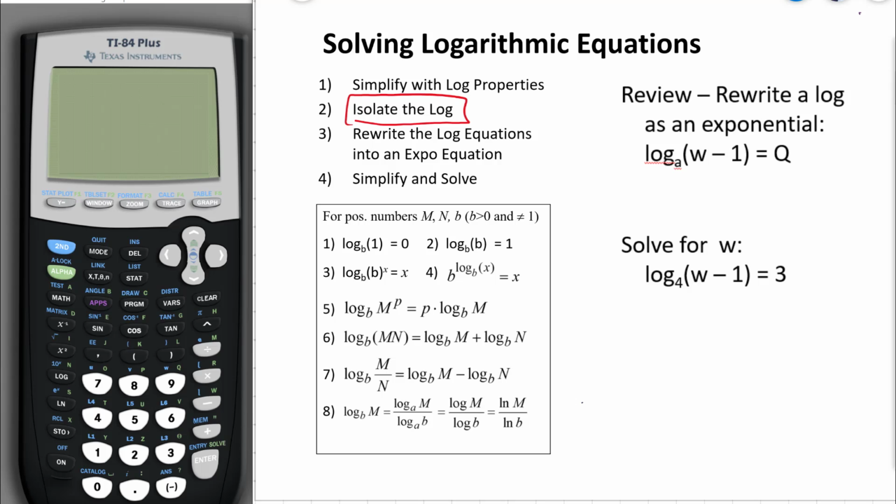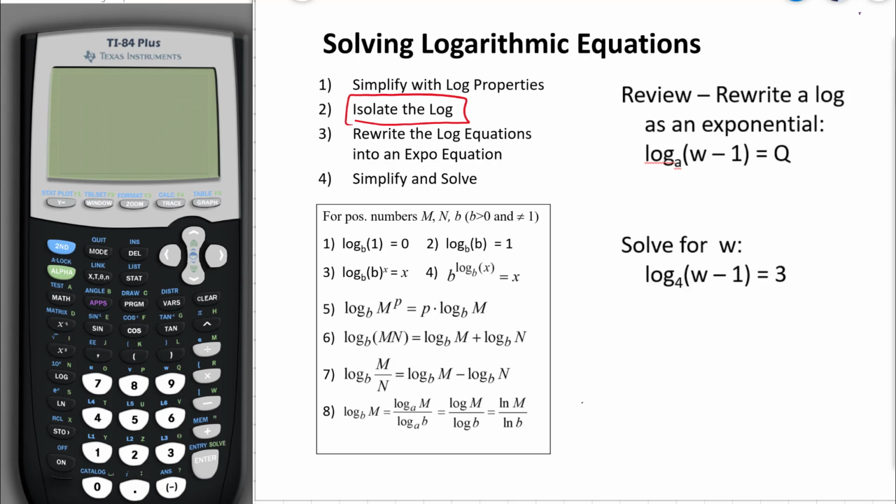Well, these are log equations. So algebraically and theoretically, we could put an exponential on both sides, and it is a valid strategy for solving these algebraically. But I found the notation for a lot of students doing it that way is really cumbersome, and they get bogged down in the notation.